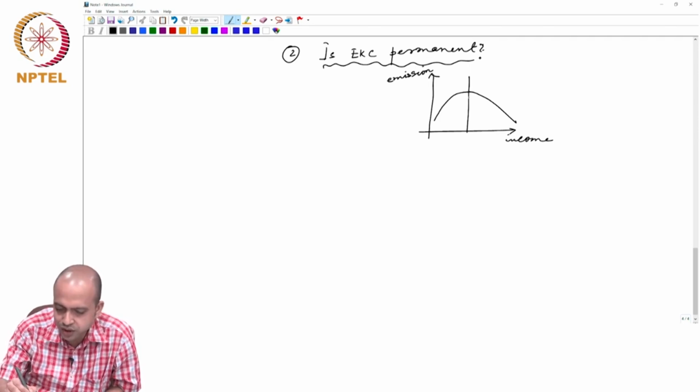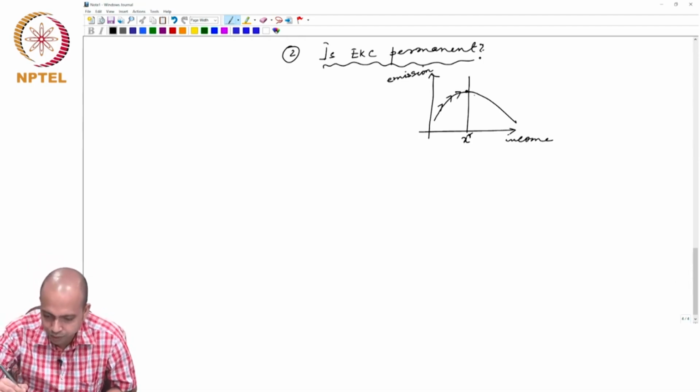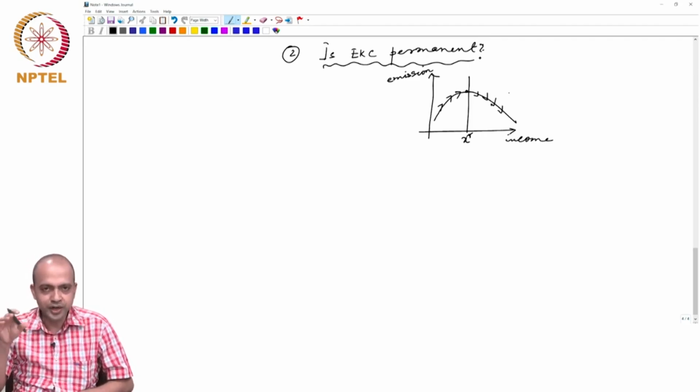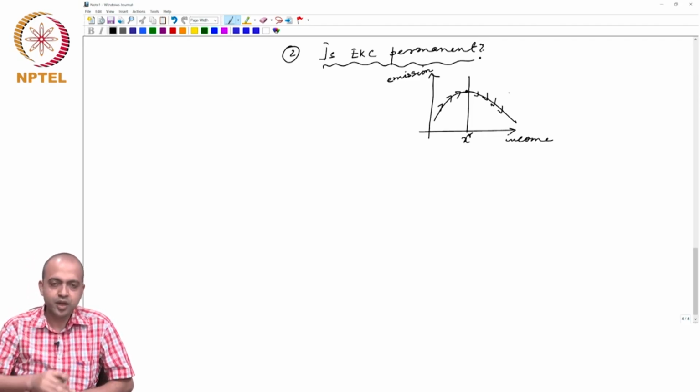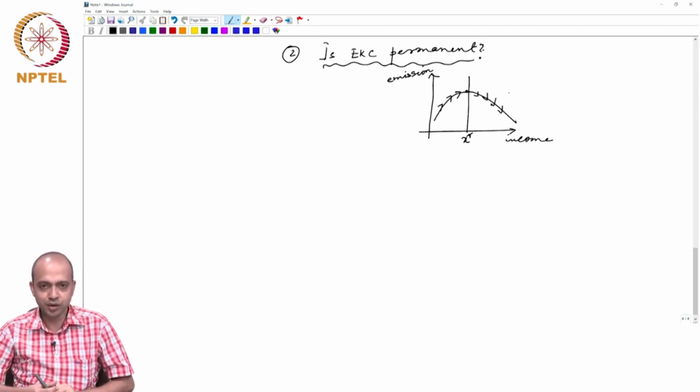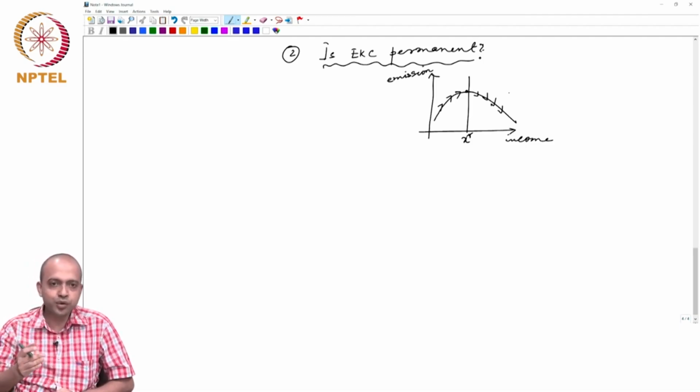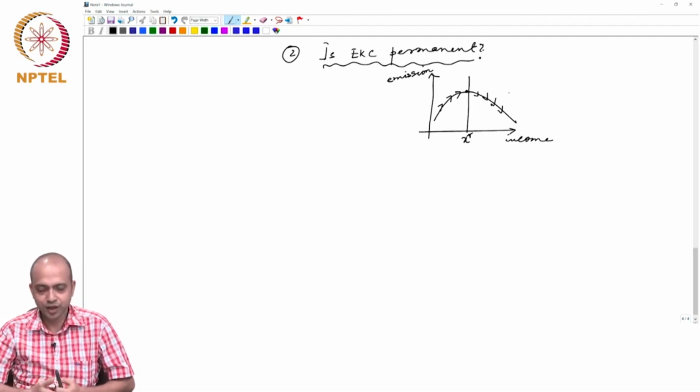So, that means it will increase only up to x star, up to this level, and then it will come down. That means there would be a fall, a decline in emission level, emission per capita, and environmental quality will start improving.